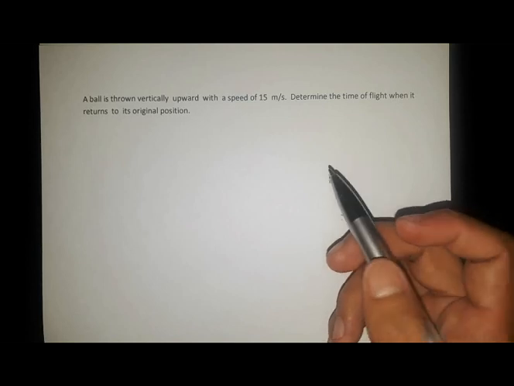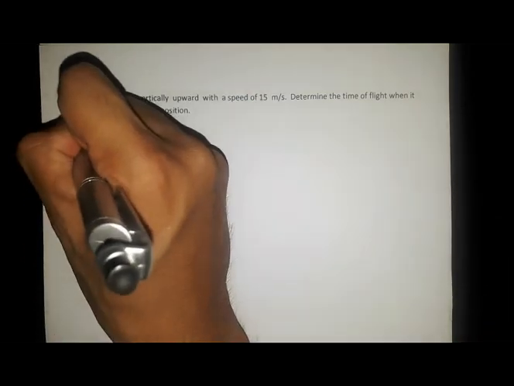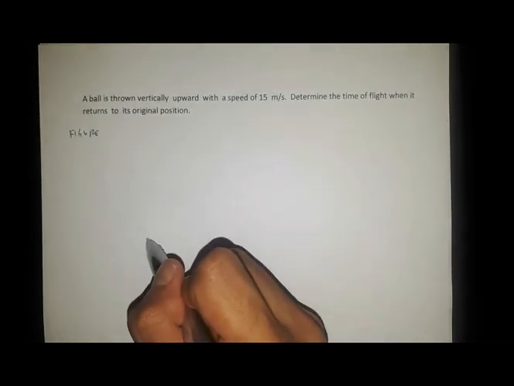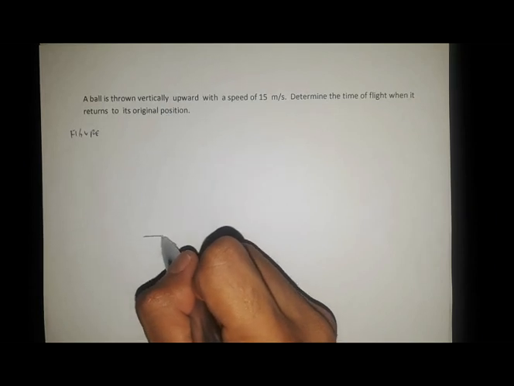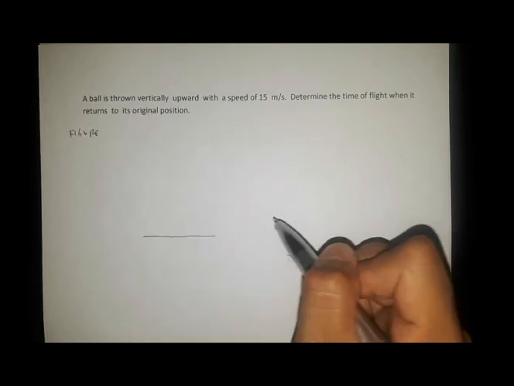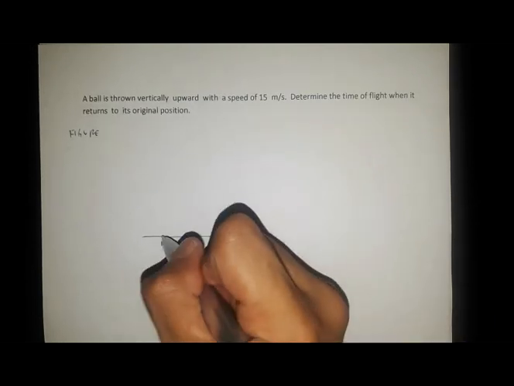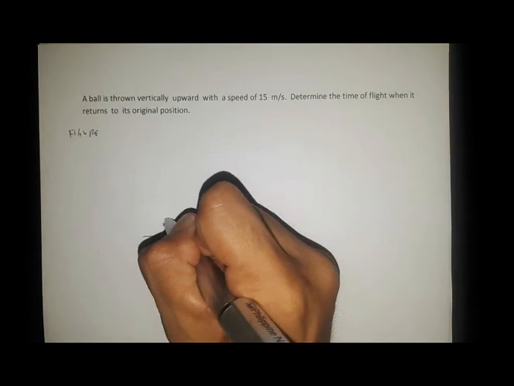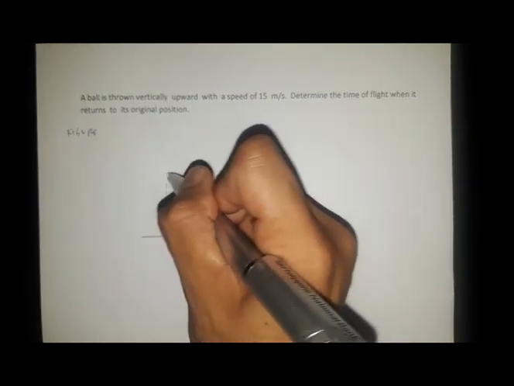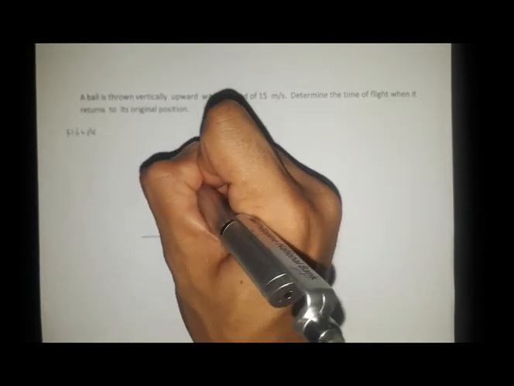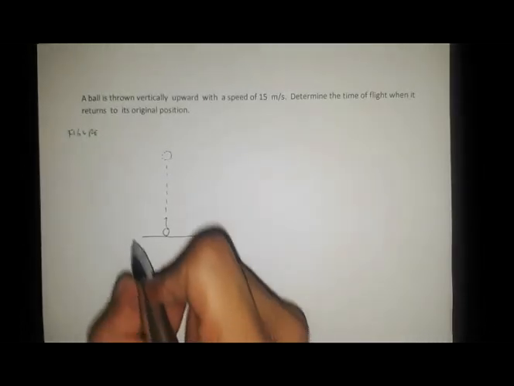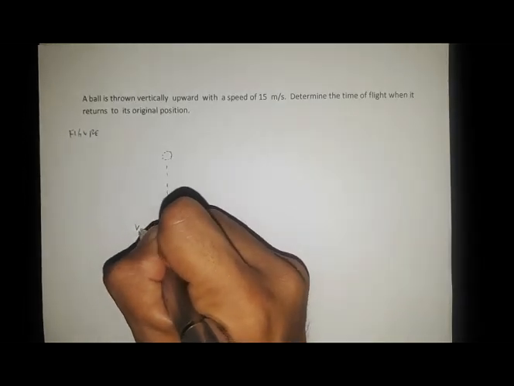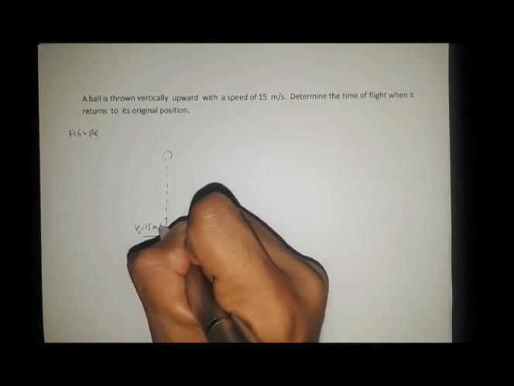So let's try to draw the figure. The figure would look like this. We neglect air resistance. So we have a ball here, and it is thrown upward till it reaches here, with an initial velocity of 15 meters per second.